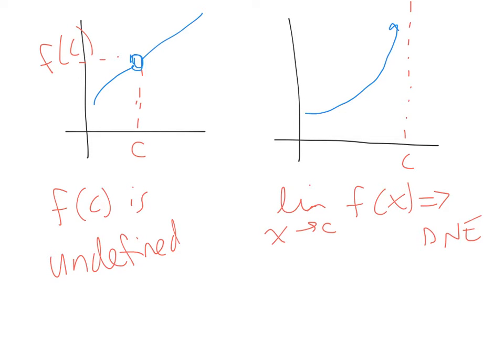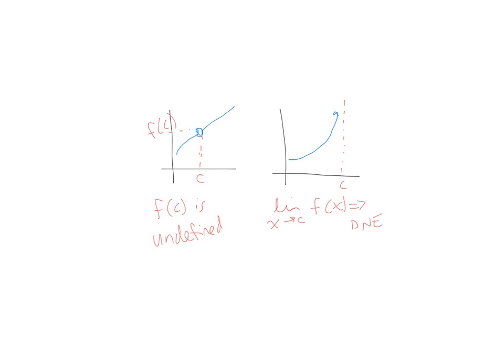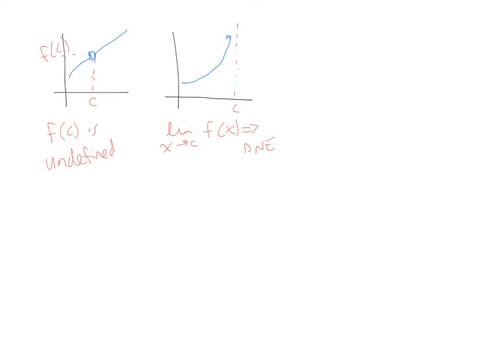And then the third option, well, let's just do this. The third option is maybe I've got a function here and it's coming along, and then at some point there's something there, and perhaps the value for that is actually a point right here at that value of c. So in this case, the limit exists.